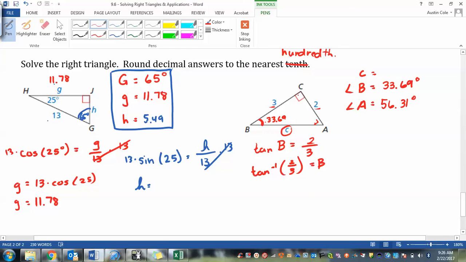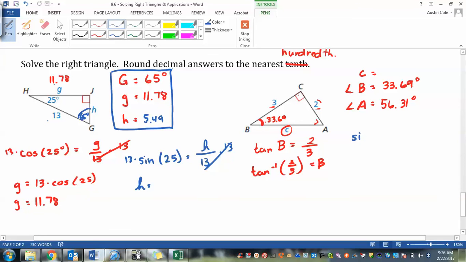With respect to this angle that I know, you can use either 3 or 2. I'm going to use the opposite side. I don't know why. If you want to use the adjacent side, eat your heart out. Opposite 2 over hypotenuse. Opposite over hypotenuse is sine.